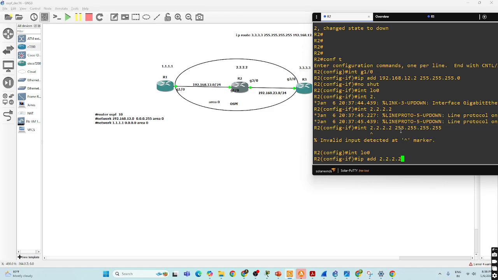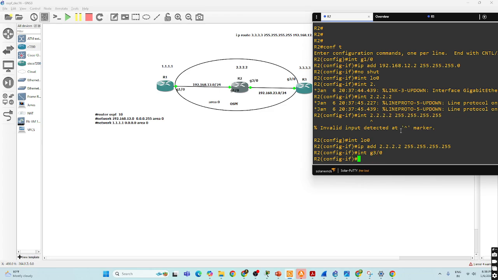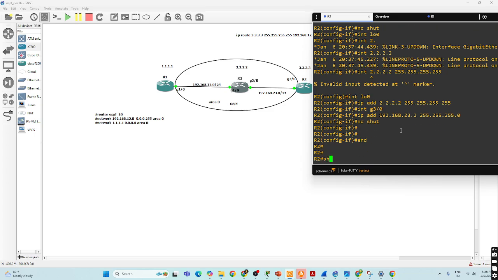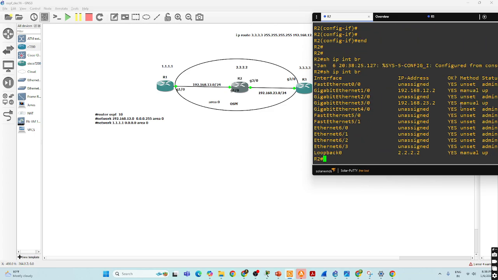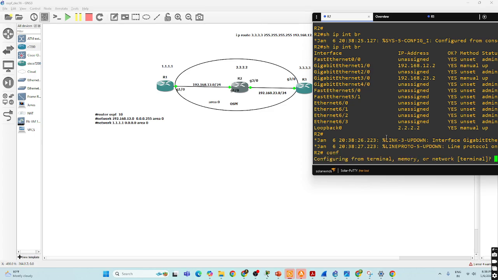Done. Then interface G3/0. Everyone understood what I'm doing? 23.2. I'm just assigning the IP address here and no shutdown. Show IP interface brief. See, I have assigned IP addresses on the interfaces. Perfect. Loopback also done. Now I need to configure OSPF.